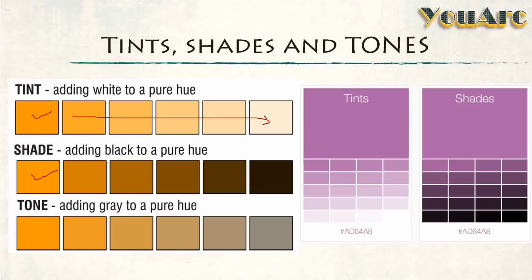This is the pure hue here. When we add black to the hue, we get the shade. What is tone? Again, it is the pure hue. We are adding gray to the pure hue, and we get tone. These are tint, shade, and tone. Remember, tint means white, shade means black, tone means gray. Done. Next.